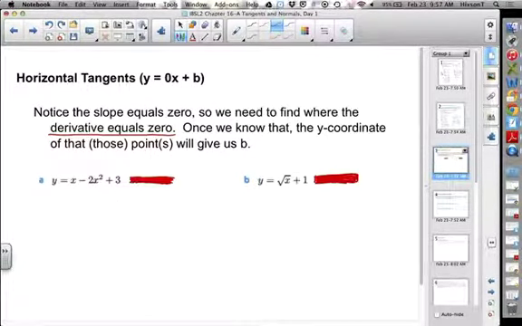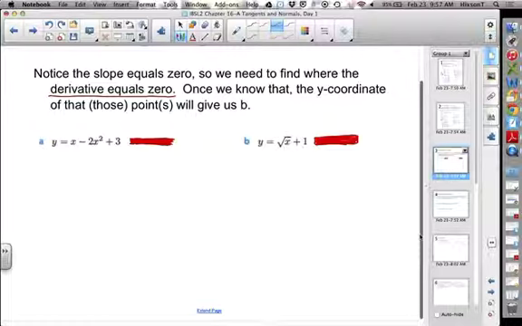So like we said, we want to find where this derivative will equal 0. Again, we have our derivative, which was 1 minus 4x. If that equals 0, what is x going to equal? 1/4.